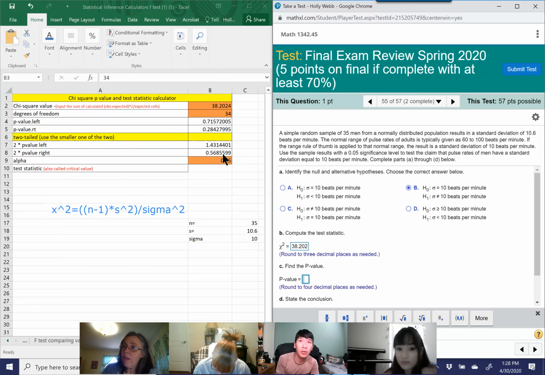This is a two-tailed test, so the smaller of my two values is going to be 0.5686. Do you have questions about that? This is for two-tail, this is for left tail, this is for right tail. Two-tail, you pick the smaller of these two.